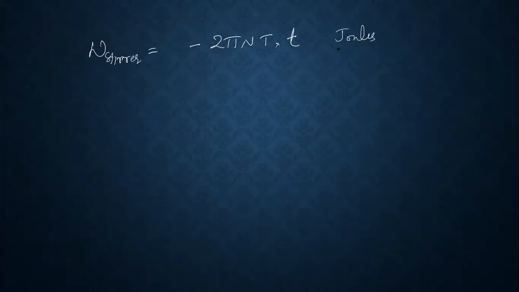Next is stirrer work, which you are familiar with now. Stirrer work is calculated as minus 2 pi n T, which gives you the stirrer power or shaft power, multiplied by time, which gives the work done in joules. Then n and t are given, so I will rearrange the term as minus 2 pi n T, where n is 1000 revolutions and the torque is 1.275.